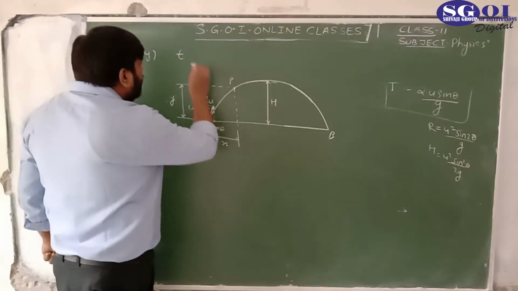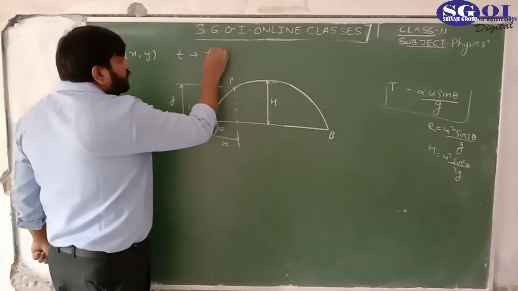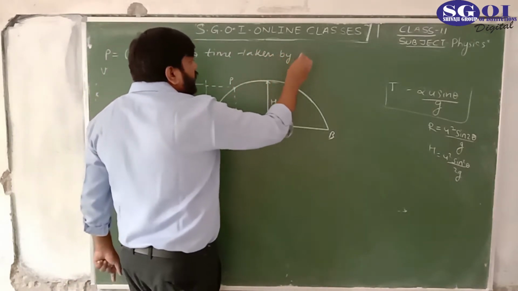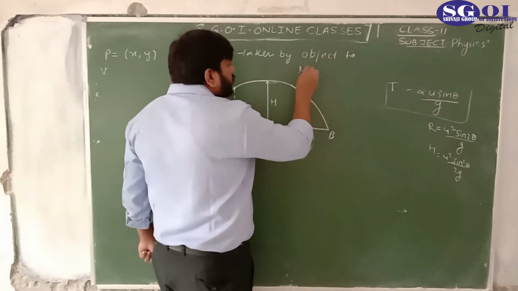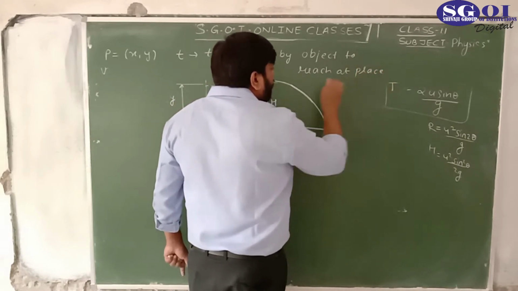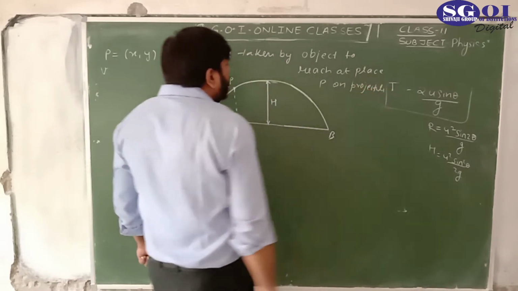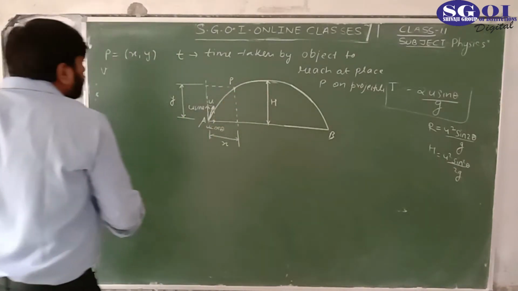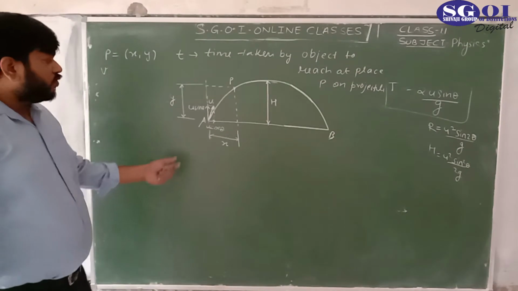After the time t, the object reaches point P, so t is the time taken by the object to reach place P on the projectile. And we would use the same concept.